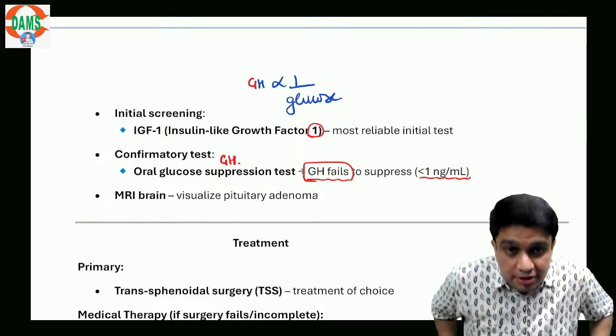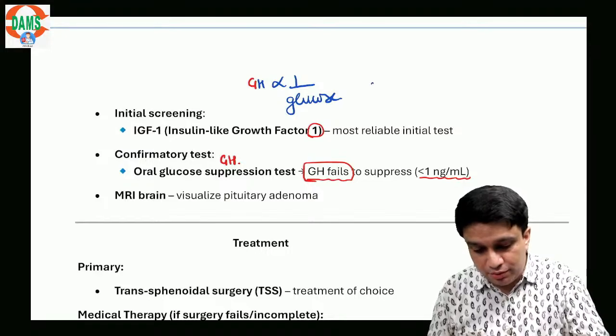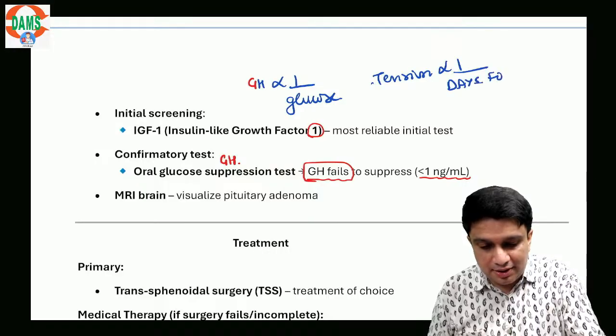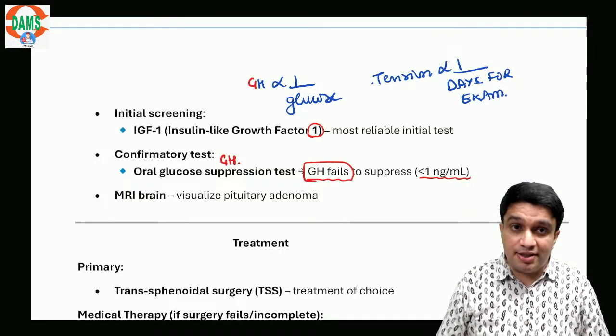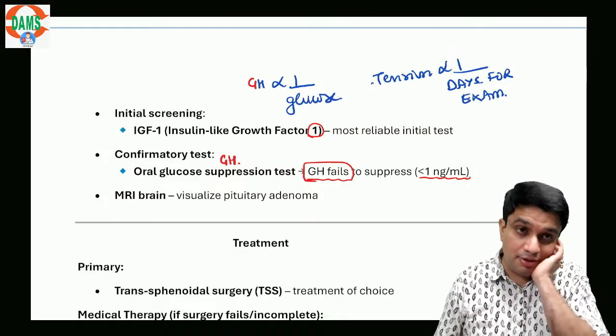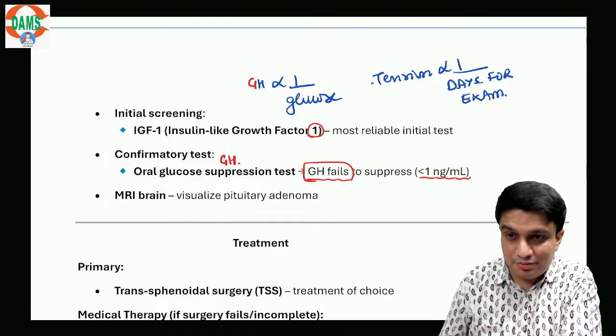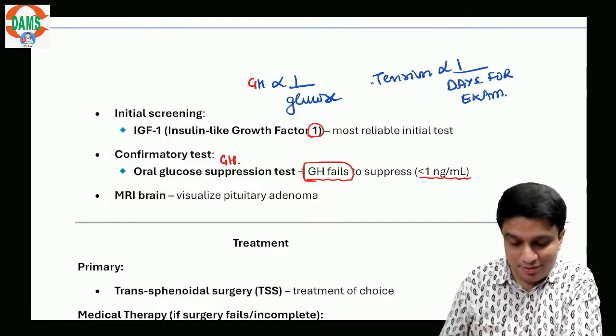Growth hormone is inversely proportional to glucose, just like tension is inversely proportional to the number of days left for the exam. Yes. More days, less tension. Less days, more tension. Tomorrow I'll start studying, remains constant. Okay.